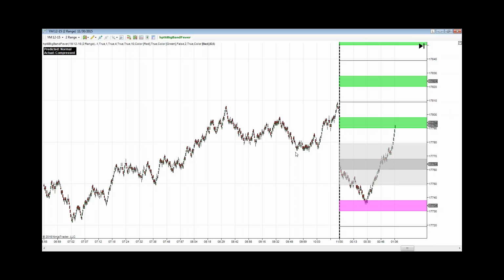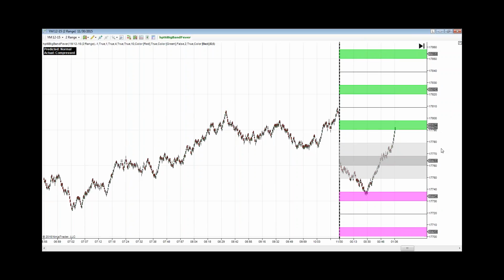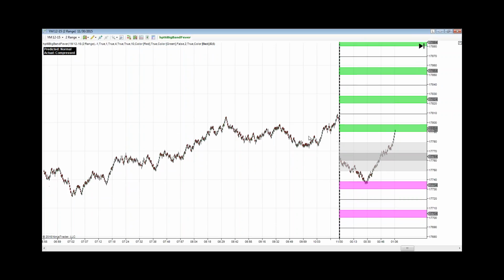And what that means is if you've got an analysis tool that enables you to see the relative movement of the markets day by day as they've occurred on specific days of the week and through specific times, that's what this indicator does.